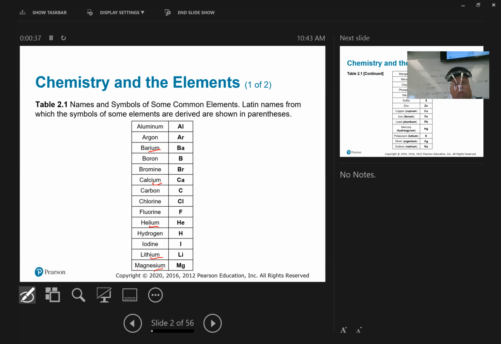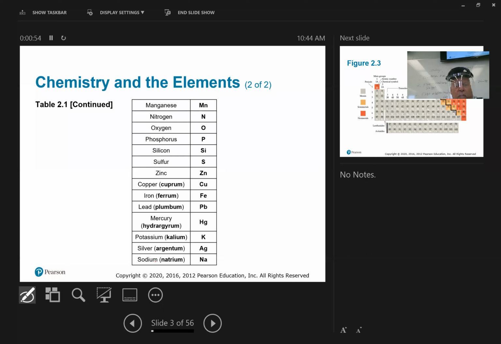But in the case of sodium and others, aurum is gold, argentum is silver, sodium is natrium, but they have another name associated with it. So in a sense, it's important to understand where the symbols come from. And then with copper, you got cuprum, iron is ferrum, etc.